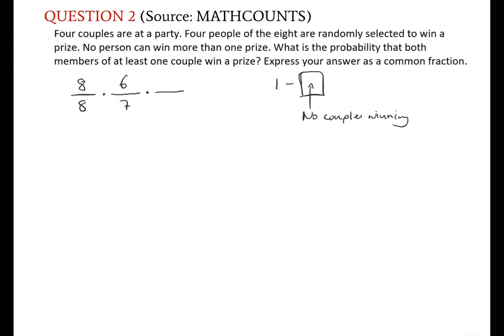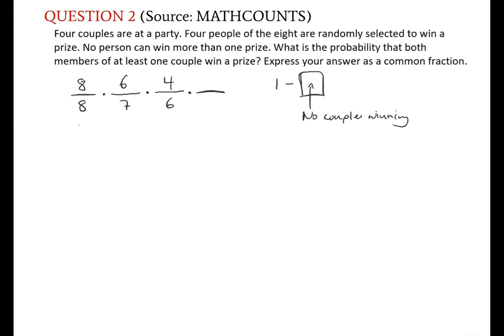And after you choose that next person, then you're left with 6 people to choose from. And you can't choose anyone from the first 2 couples. So you only have 2 couples left. So that's a total of 4 people.